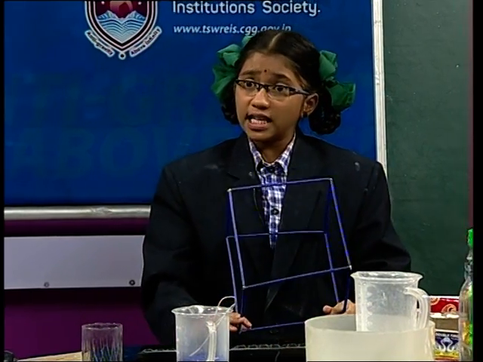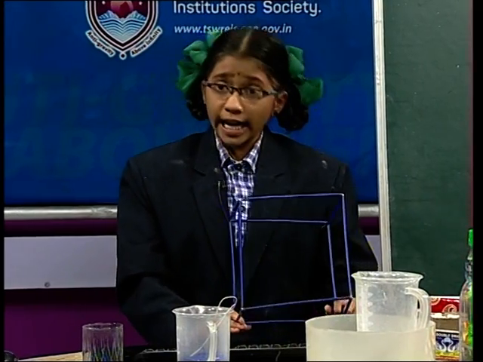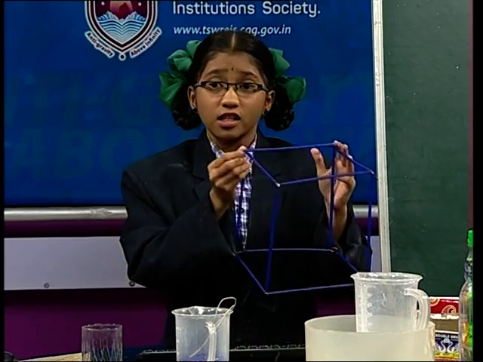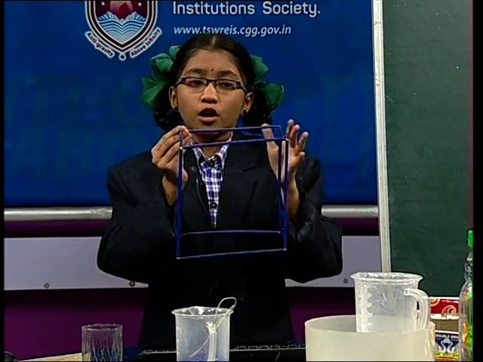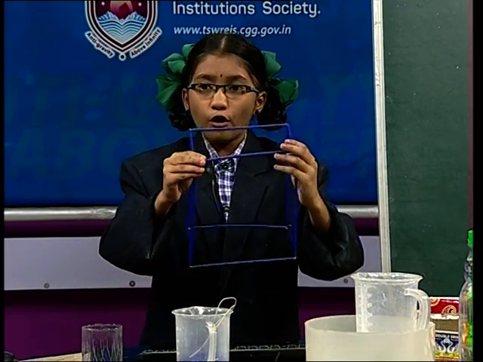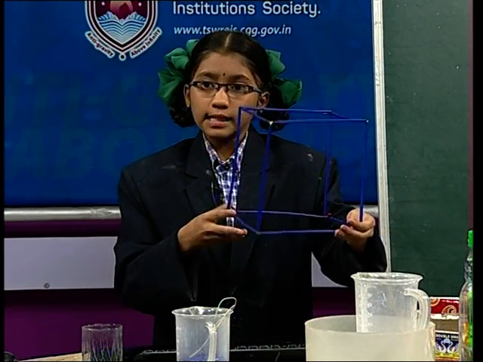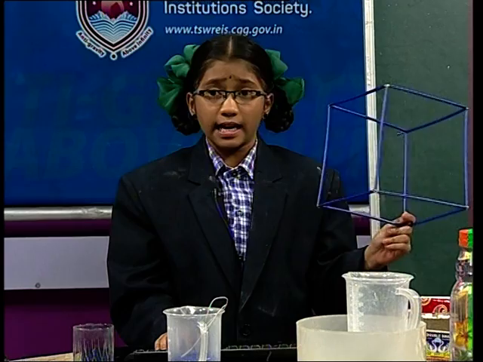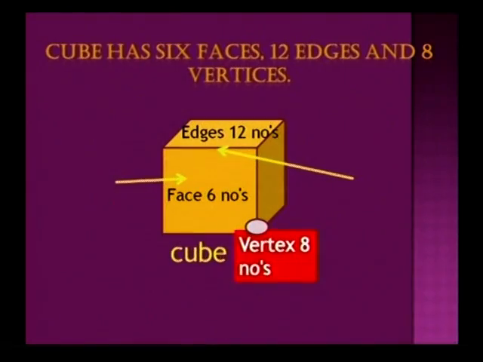The number of edges is 12. Next, vertex. A vertex is nothing but the corner of the edges. Count it: 1, 2, 3, 4, 5, 6, 7, 8. The cube also has 8 vertices. So let us see the slide. The cube has 6 faces, 12 edges and 8 vertices.